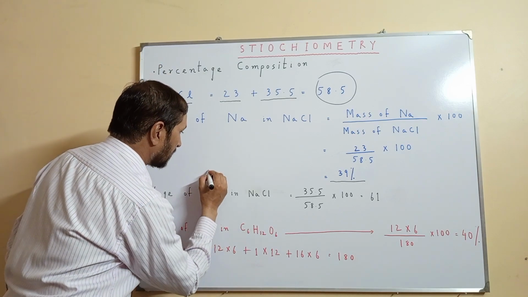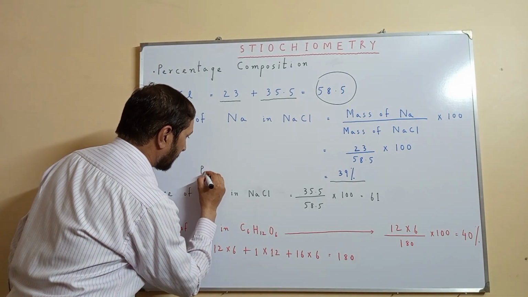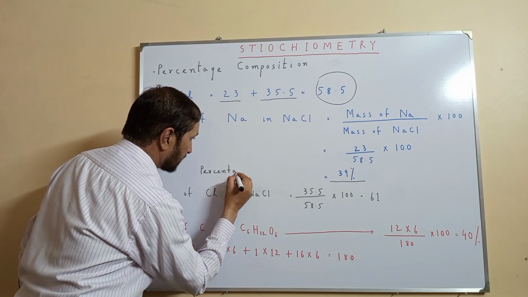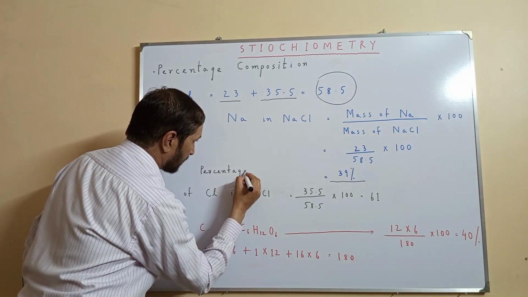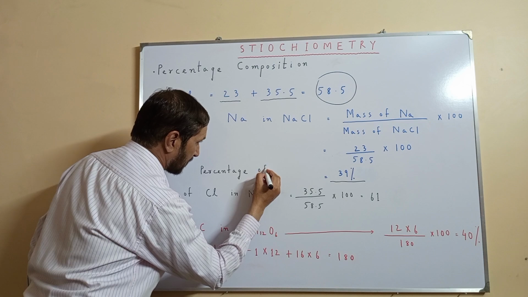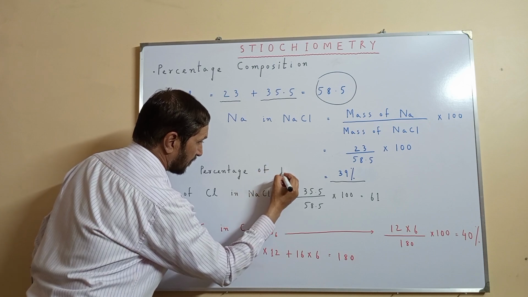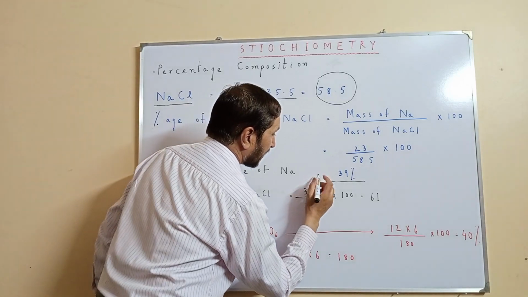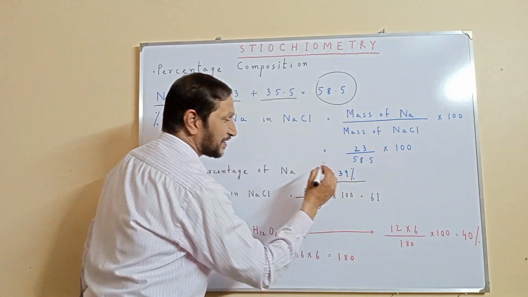So I will write: percentage of sodium in sodium chloride is 39%.